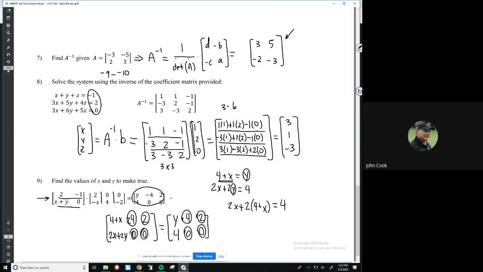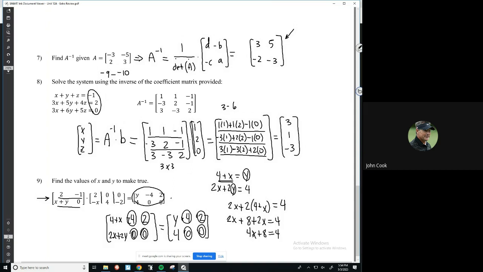Okay, and then if I distribute the 2 in there, I get 2x plus 8 plus 2x equals 4. So in other words, 4x plus 8 equals 4.